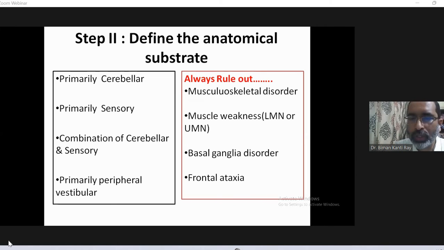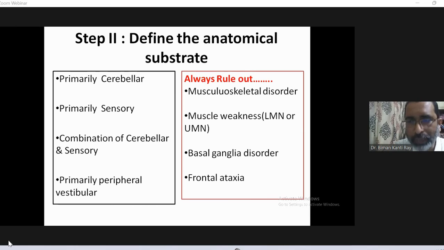You all know the vestibular system has a central component and a peripheral component. The peripheral component starts from the utricle and saccule of the inner ear, and it ends at the level of the vestibular nucleus in the lower brainstem. So the peripheral vestibular part contains the vestibular nerve and the utricle and saccule in the inner ear.